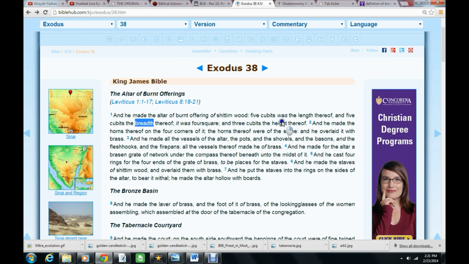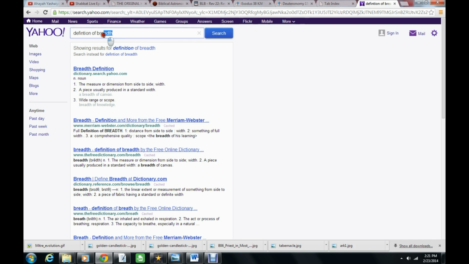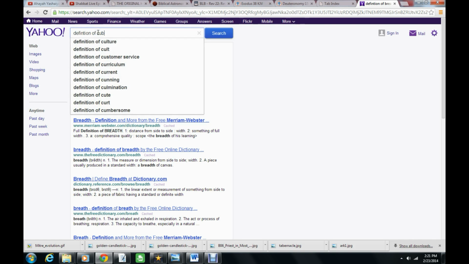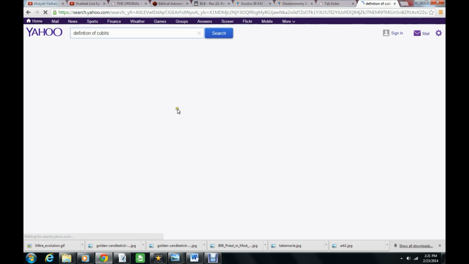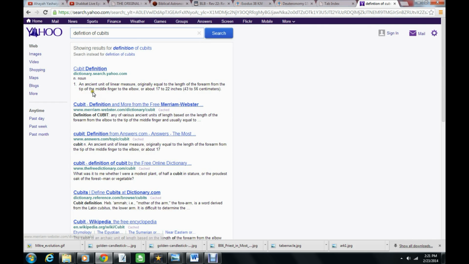So 5 cubits was the length thereof. Let's see what cubits mean. An ancient unit of linear measure, originally equal to the length of the forearm, from the tip of the middle finger to the elbow, or about 17 to 22 inches, 43 to 56 centimeters.